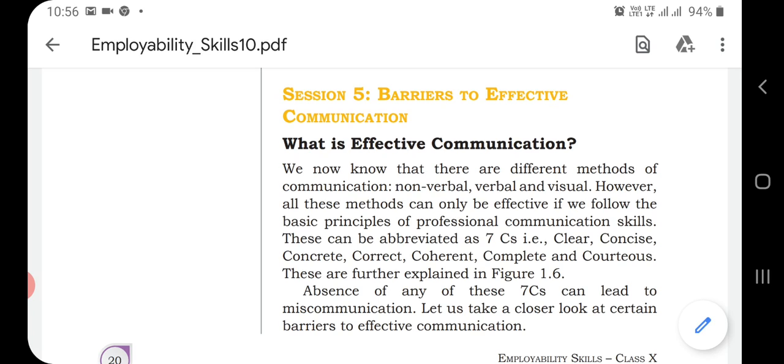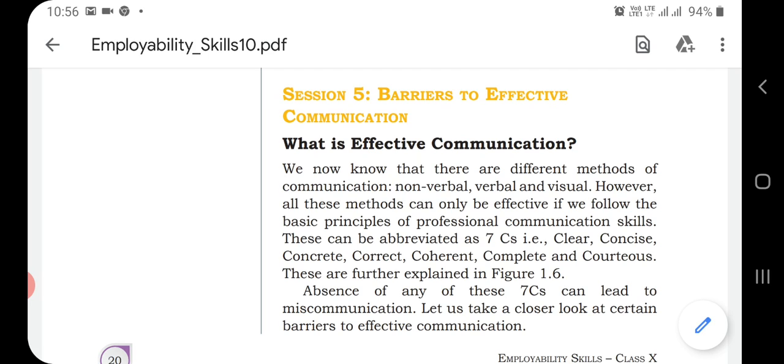So now there are a few basic principles of professional communication skills. Communication skills are required in many areas of our life, and professional life makes a very big part. So that's why in our curriculum we are going to see the 7 basic principles of professional communication skills.